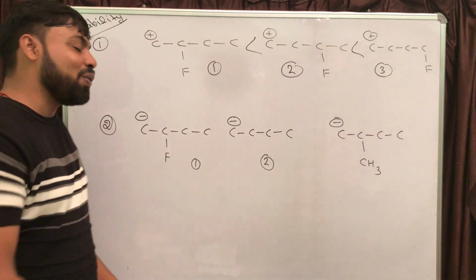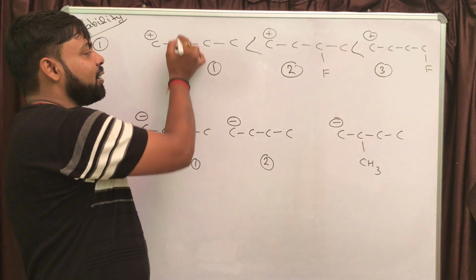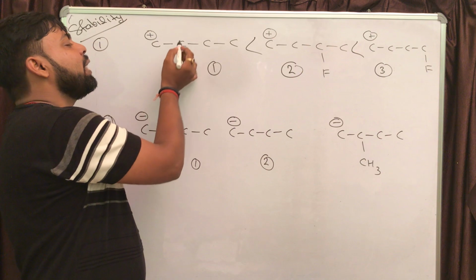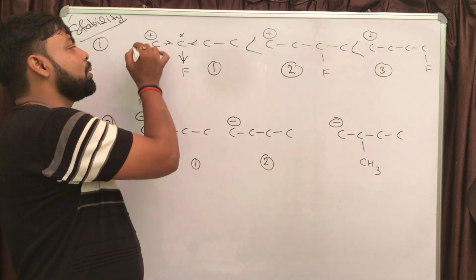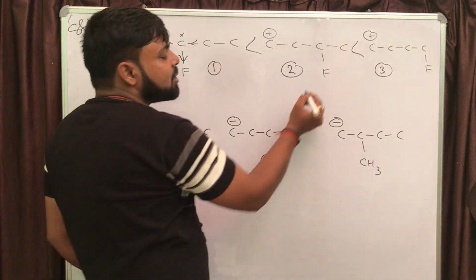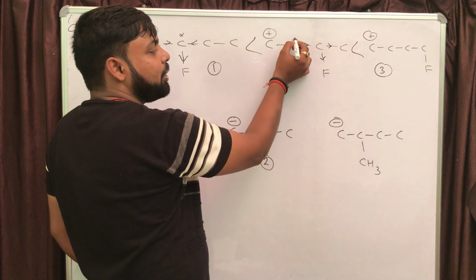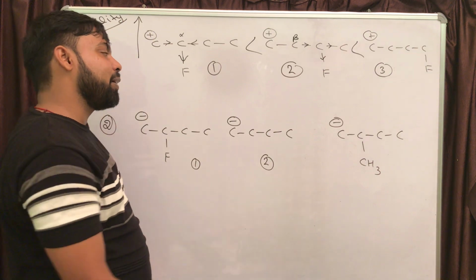Or you can go fundamentally with the fact that fluorine here, it is on second carbon atom, fluorine is withdrawing the electron, and then this alpha carbon will further pull the electron from next carbon atom, the positive charge is going to be increased. Similar in the second case, but in second case the electron withdrawal ability of beta carbon, now it is beta carbon which is pulling the electron from carbocation.